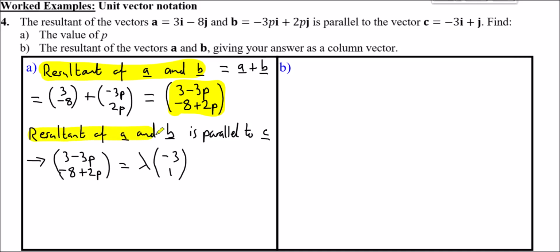So in other words, the resultant of a and b is some multiple of c, where c in column vector form is minus 3, 1.